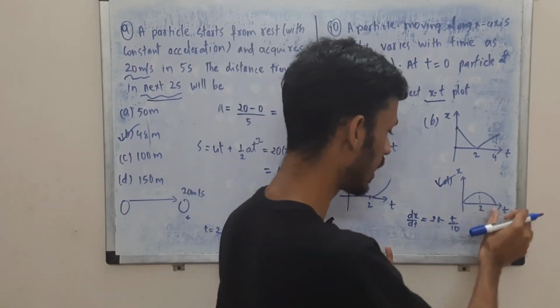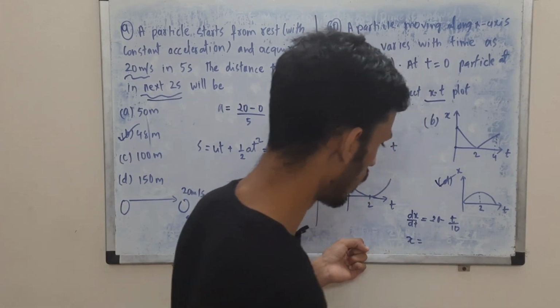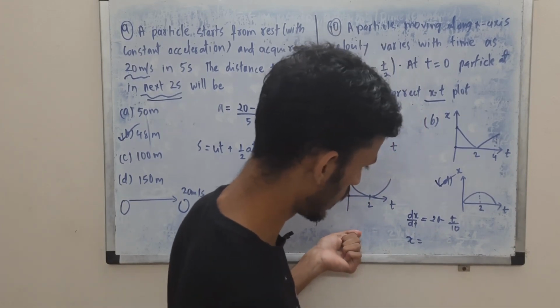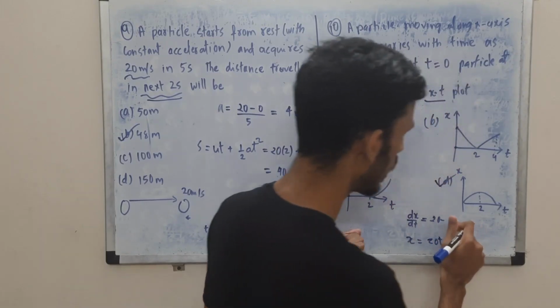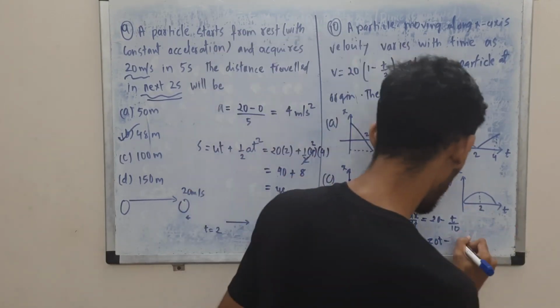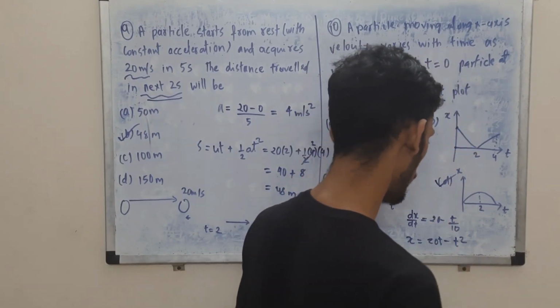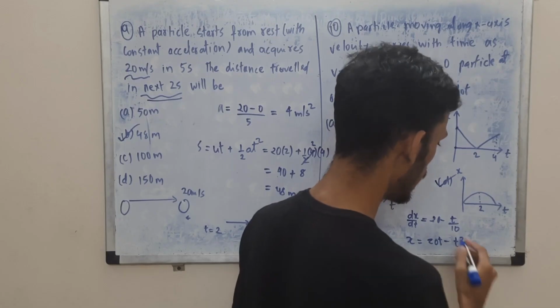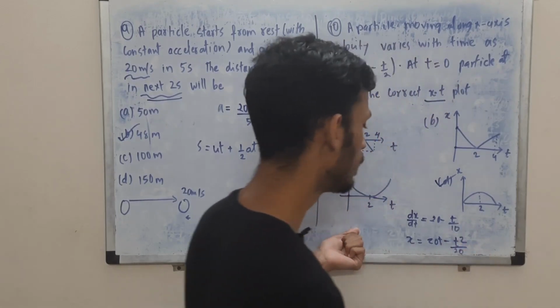Take dt to the other side and integrate. So you'll get x is equal to 20t, and if you integrate t, it will become t square by 2, so t square by 20.